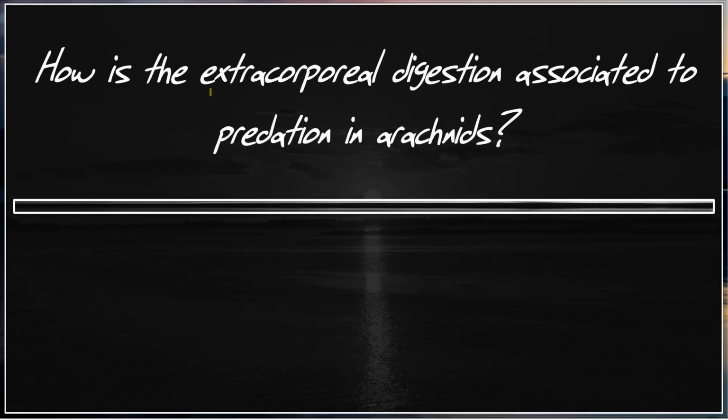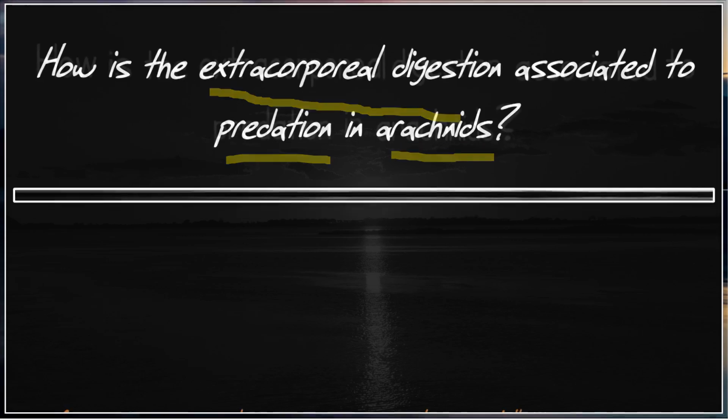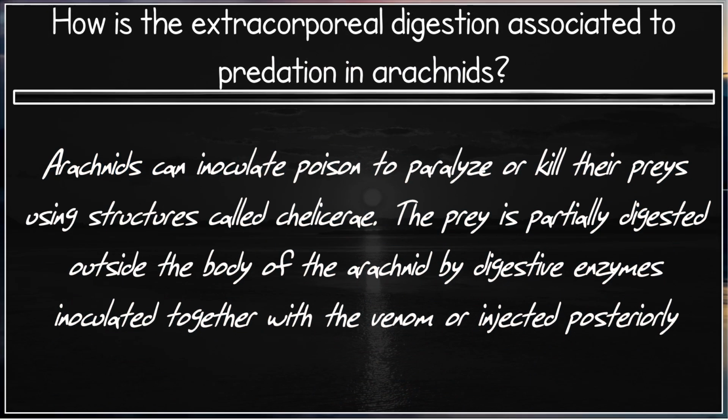How is the extracorporeal digestion associated with predation in arachnids? Arachnids can inoculate poison to paralyze or kill their prey using structures called chelicerae.